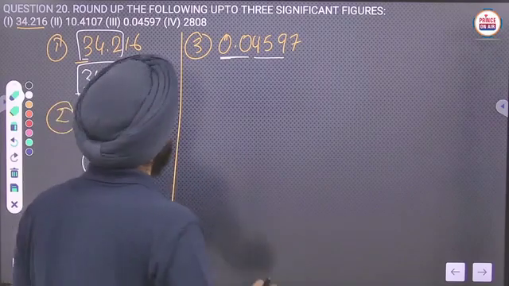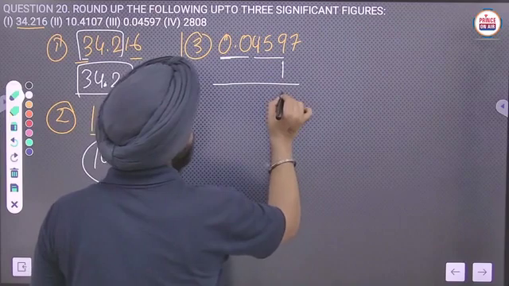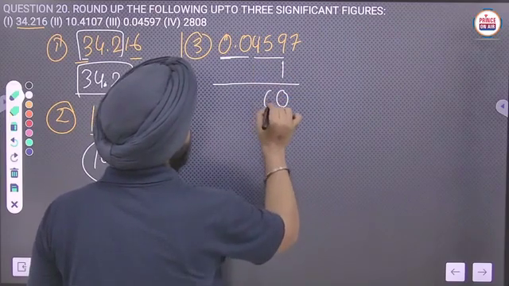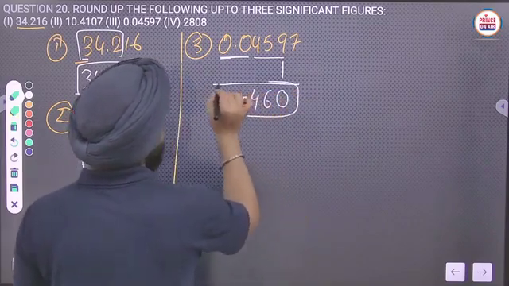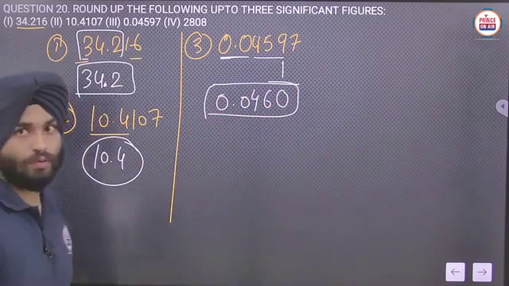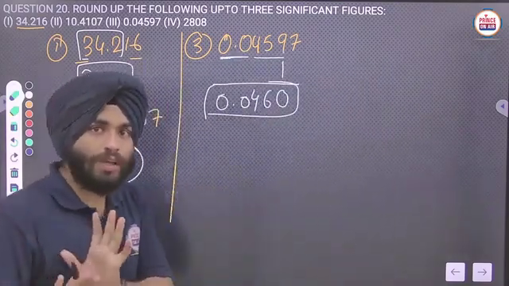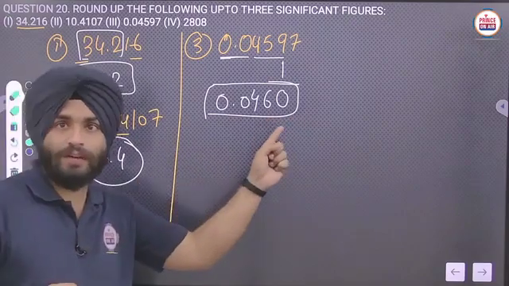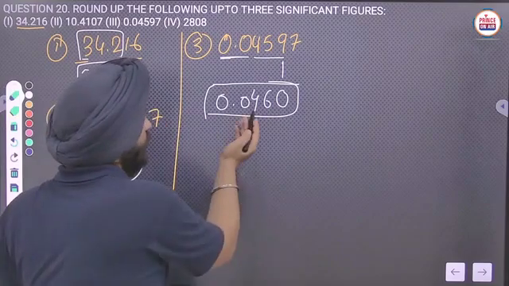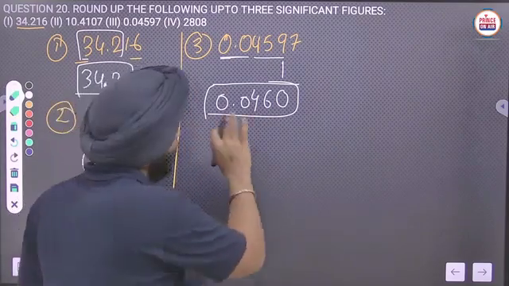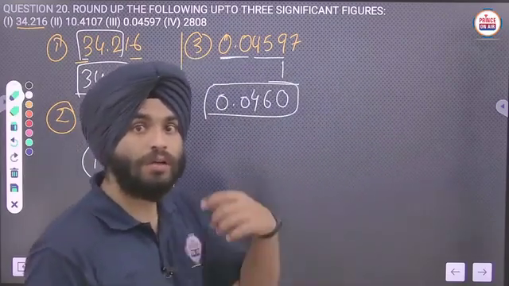If you add 1 here, this value will become 6, and then 0. The answer will come out to be 0.0460. If you check the significant figures, they will come out to be 3, because the left zeros will not be considered. Right zeros after that point, to the right of the non-zero digit, are considered.